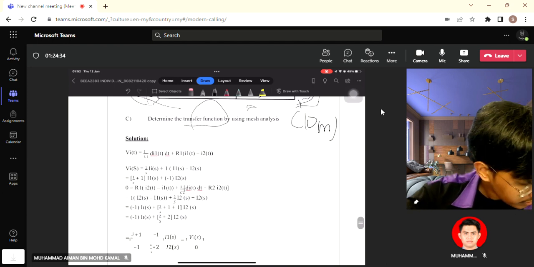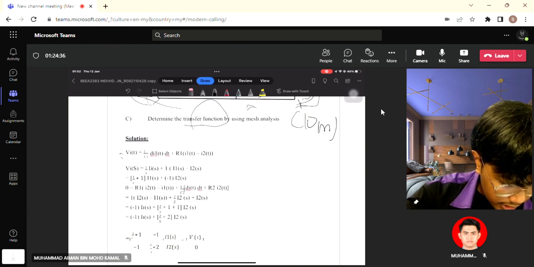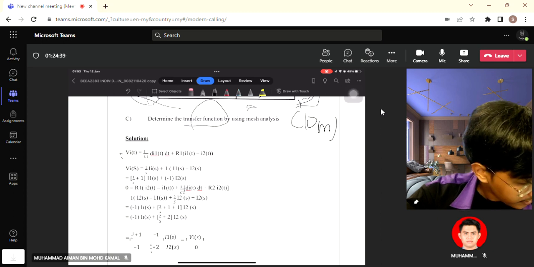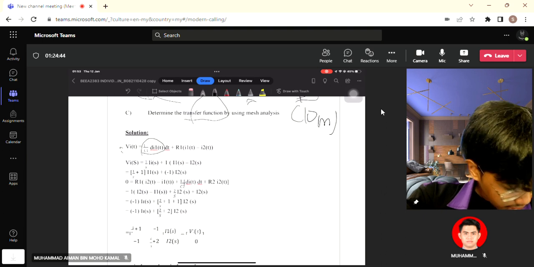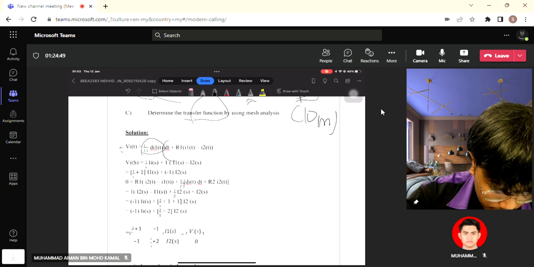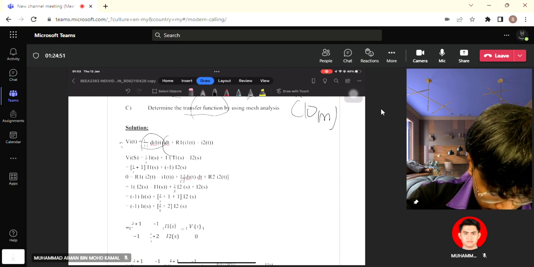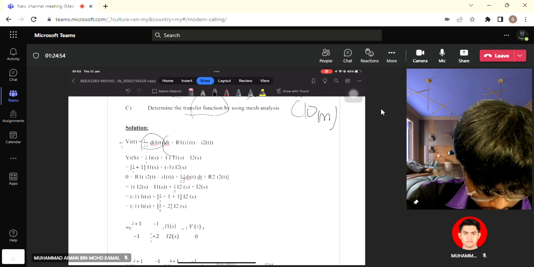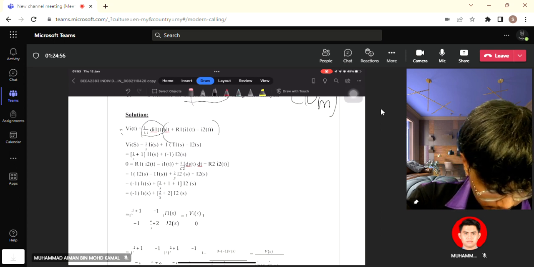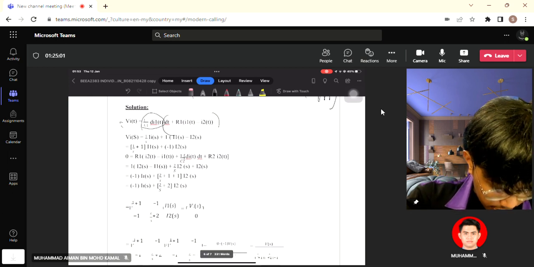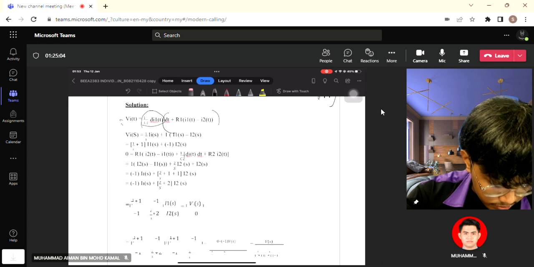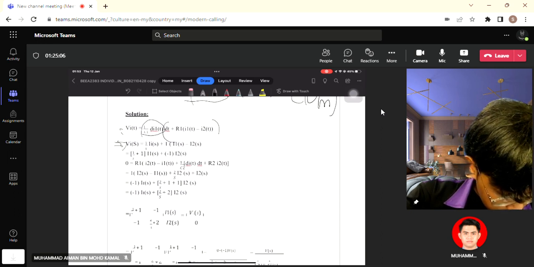So write down the formula: Vi(t) = (1/C1)∫i1 dt + R1(i1(t) − i2(t)). After that, we get the second thing.